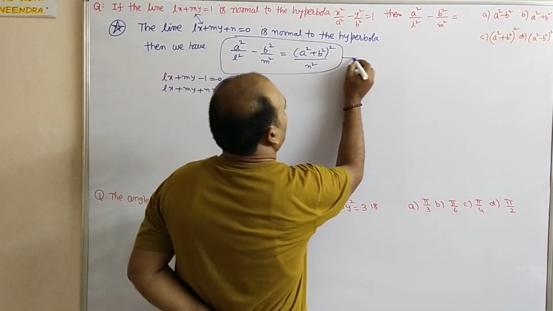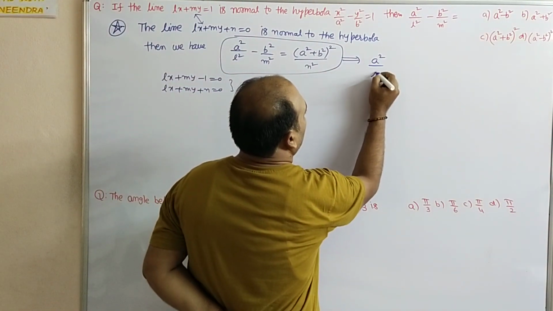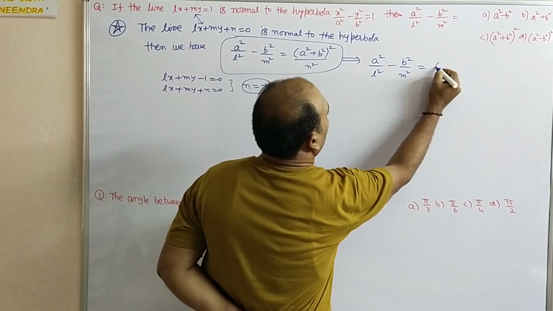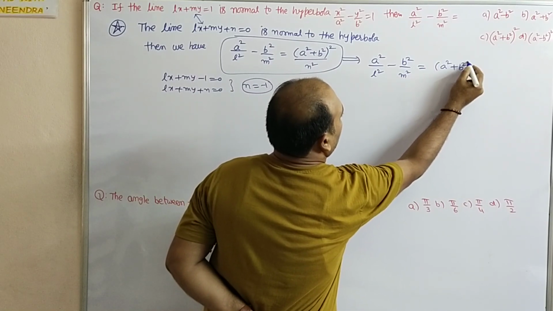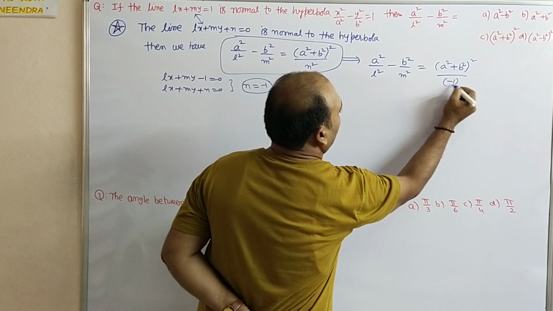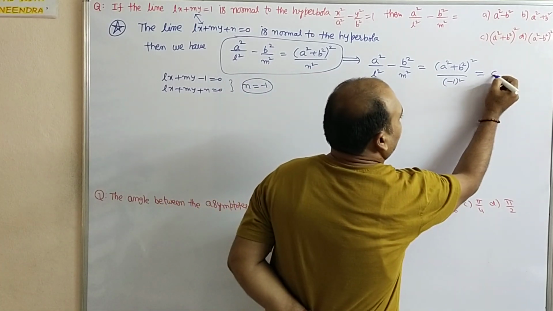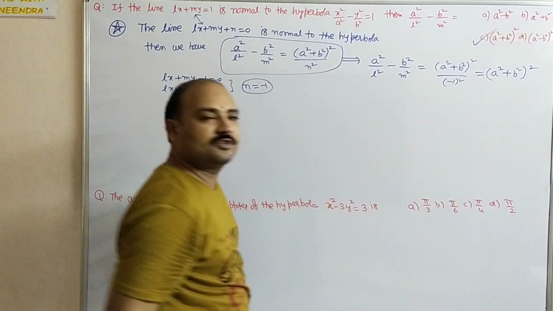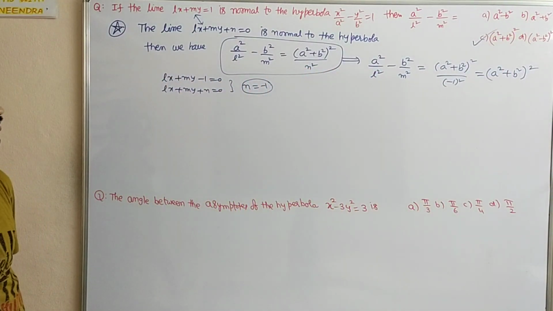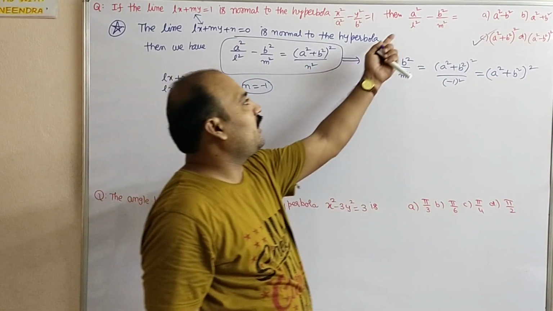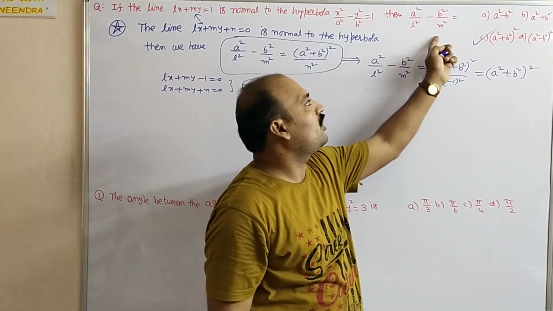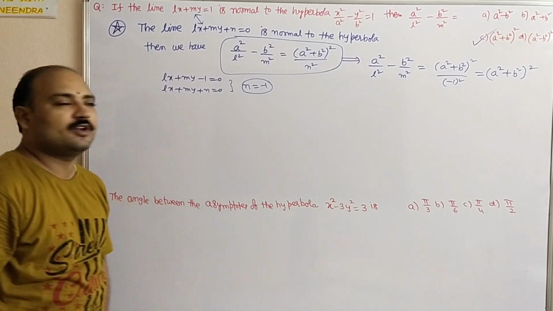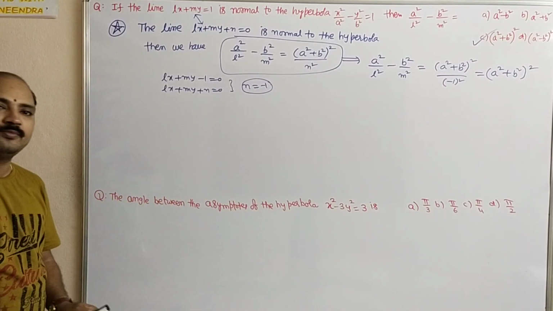So that implies a square by L square minus b square by m square is equal to a square plus b square whole square by minus 1 whole square. So obviously it becomes a square plus b square whole square, which is there in the third option. They are asking to calculate a square by L square minus b square by m square equal to what? a square plus b square whole square. That's what we got as the answer. So come to the next question.